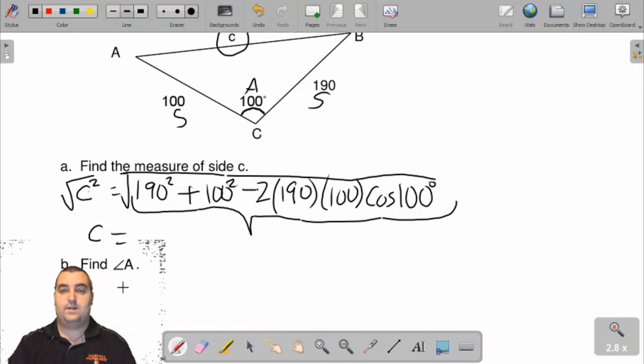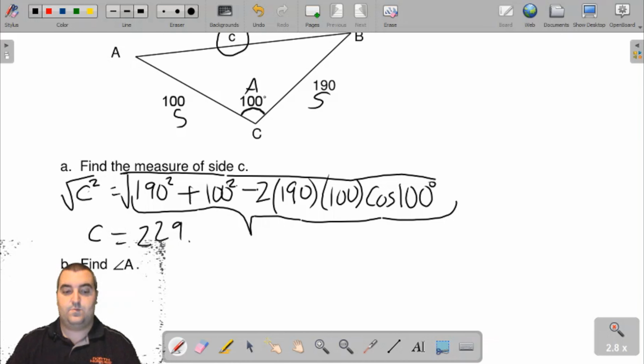Don't try to do things separately. It's much easier to type it all in at once, hit enter, and get your answer of 229.6.